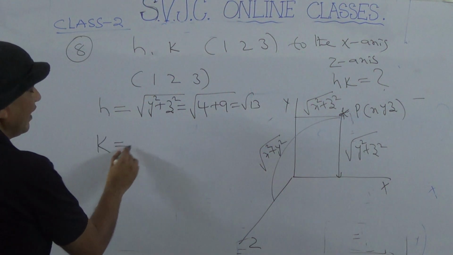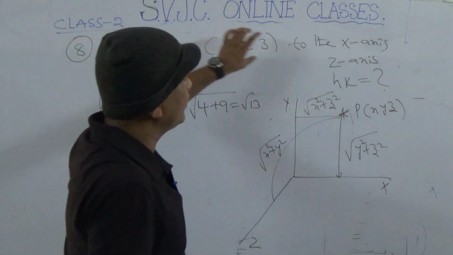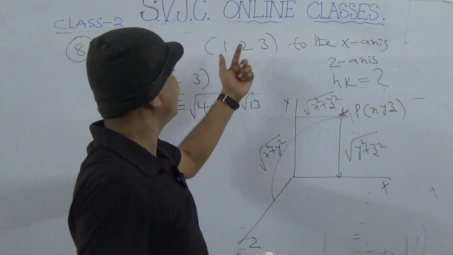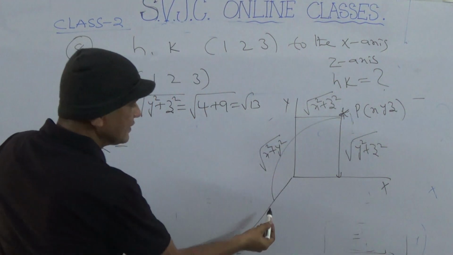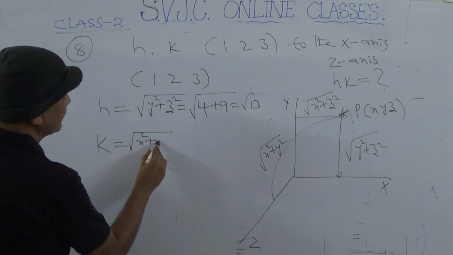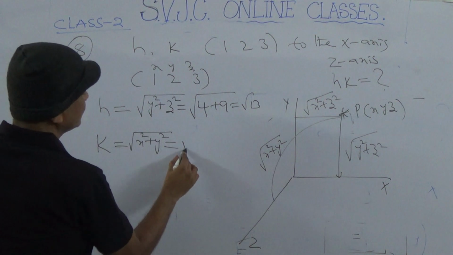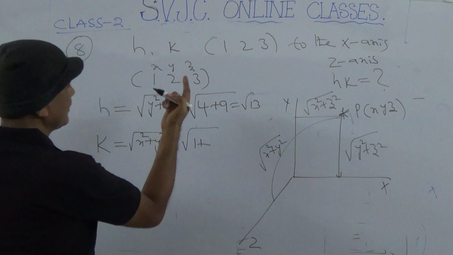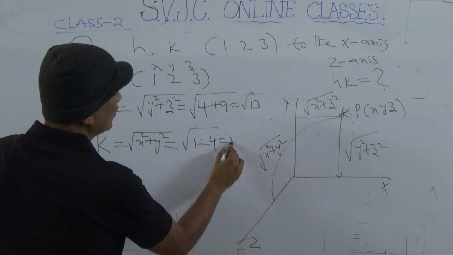Now what is k? K is the perpendicular distance from this point to the z-axis. The distance of a point from the z-axis is under root of x square plus y square. What is x? 1, and 1 square is 1, plus y square, 2 square equal to 4, that is root 5.